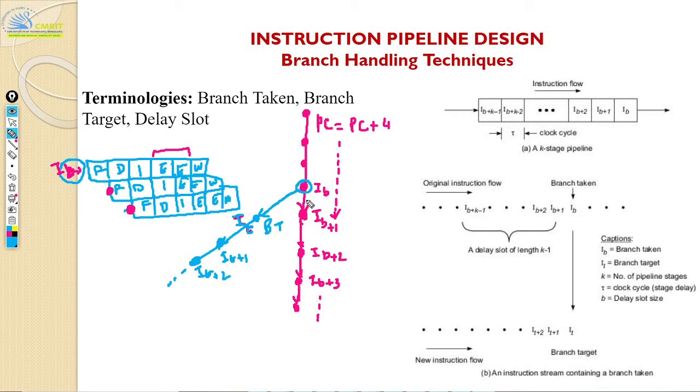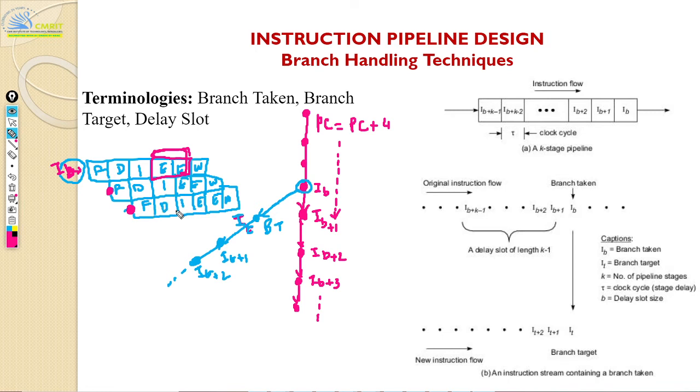But anyway, for now, what has happened in your pipeline is that you have hit the branch instruction, and until this point you will not know whether it is a branch or not, correct? By the time you would have fetched, decoded, and you would also be ready to issue the next instruction.